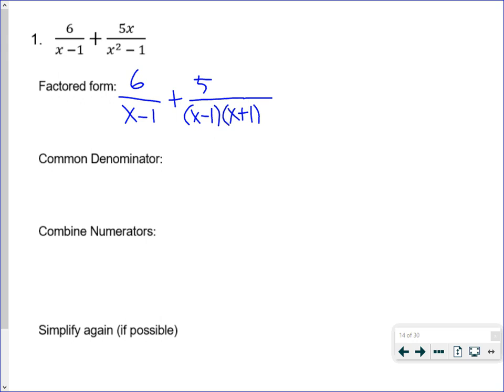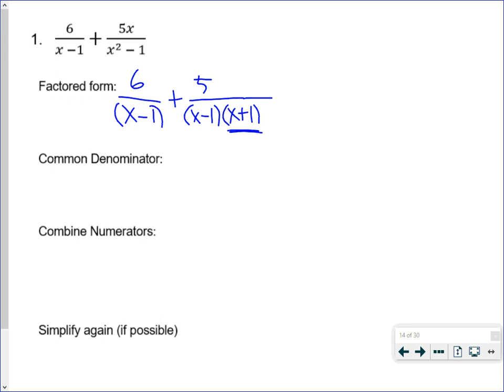Once we factor the denominators of both rational expressions, we compare them and see what each expression is missing compared to the other one. For instance, 6 over x minus 1, compared with x minus 1 times x plus 1, doesn't have the x plus 1 that the other expression has.